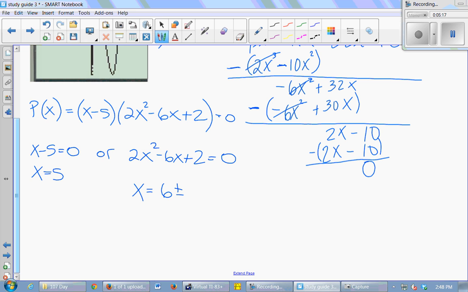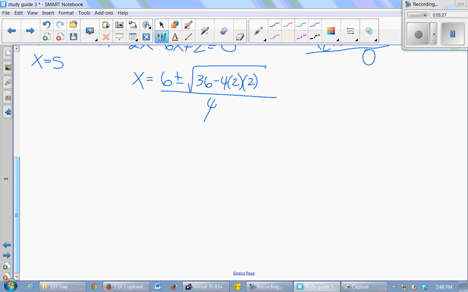Negative b plus or minus the square root of b squared minus 4 times a times c, all over 2a. That gives 6 plus or minus the square root of 36 minus 16, since 4 times 2 is 8 times 2 is 16. The square root of 20, all over 4.